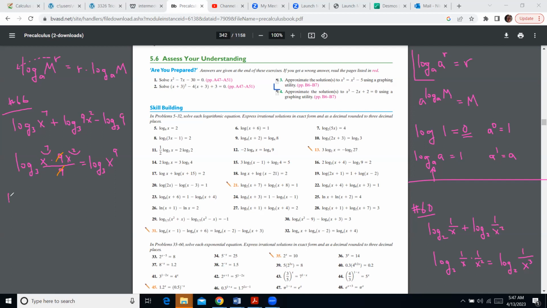Look at this. In exercise number 8 here, I have a logarithm of base 3 taken in the parentheses of 3x minus 1, and this is equal to 2. So my goal is to always get rid of that logarithm. So I put base 3, the logarithm is power, so we get 3 squared, which is the same as 3x minus 1.